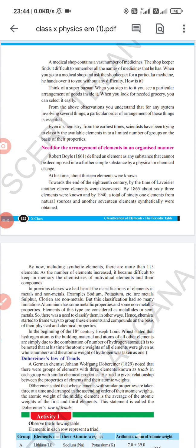Non-metals are brittle. Brittle means they can break easily. In the same way, aluminium has its metallic property and non-metallic property. So scientists started to separate the elements on the basis of their physical and chemical properties.